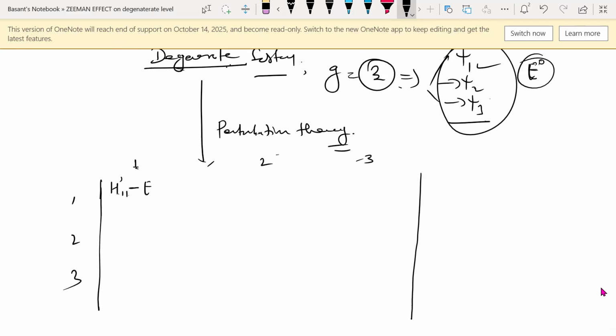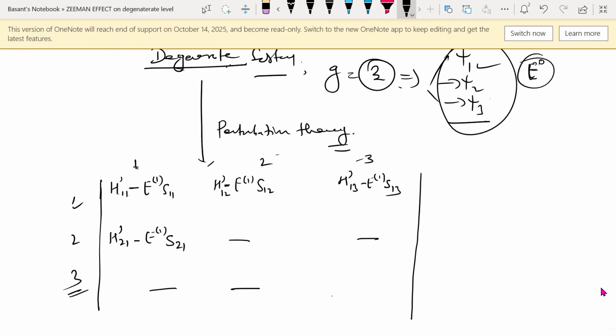H dash 11 minus E1 S11, then H dash 12 minus E1 S12, similarly H dash 13 minus E1 S13, and for the next row the first element is H dash 21 minus E1 S21, and so on, and the last element is H dash 33 minus E1 S33, and the determinant is equal to 0.